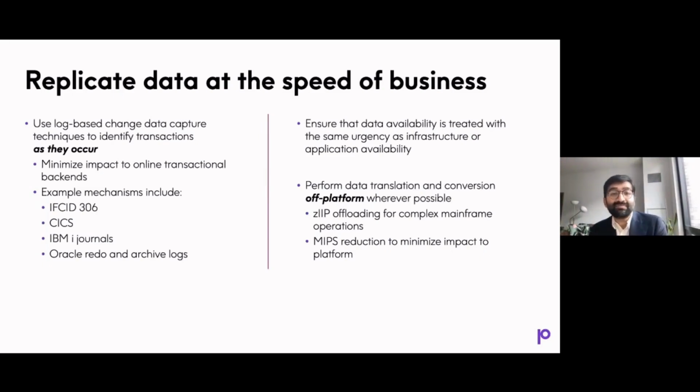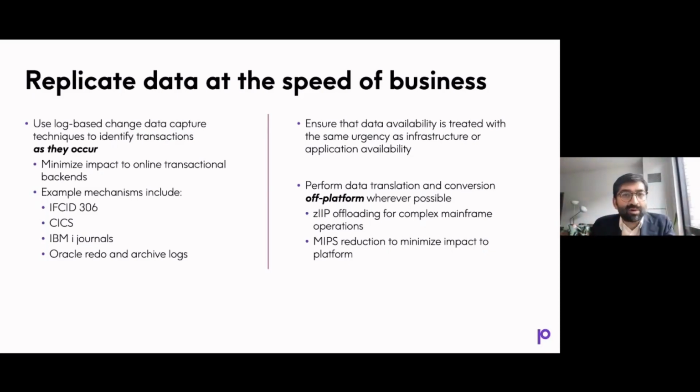And then the last piece that I'll really talk about here as it relates to replicating data at the speed of business. It's extremely important to achieve that. But the other thing I would advise here is really translate your data, perform all that conversion, be it EBCDIC to Unicode, be it a specific code page to Unicode.